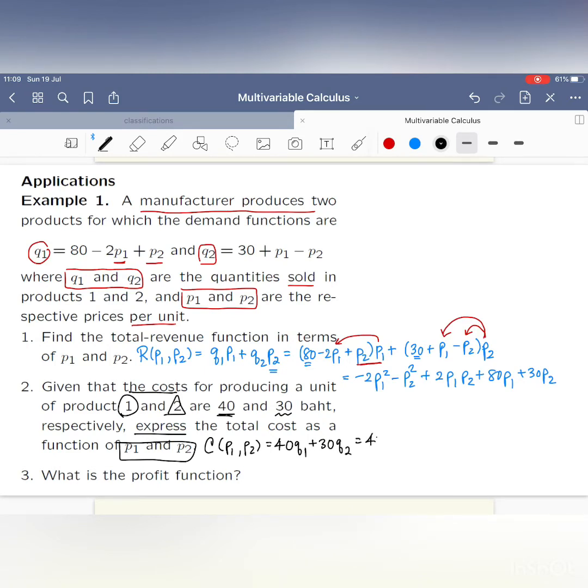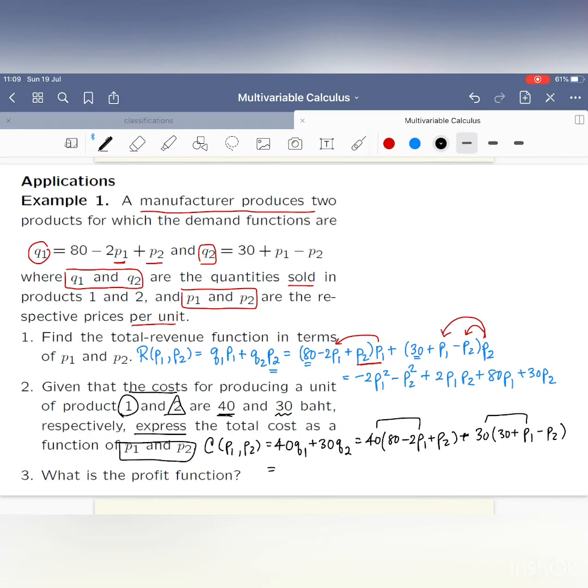So it is 40 multiplied by your Q1, which is 80 minus 2 P1 plus P2, and 30 with your Q2, which is 30 plus P1 minus P2. So you manipulate it a little bit to simplify it.